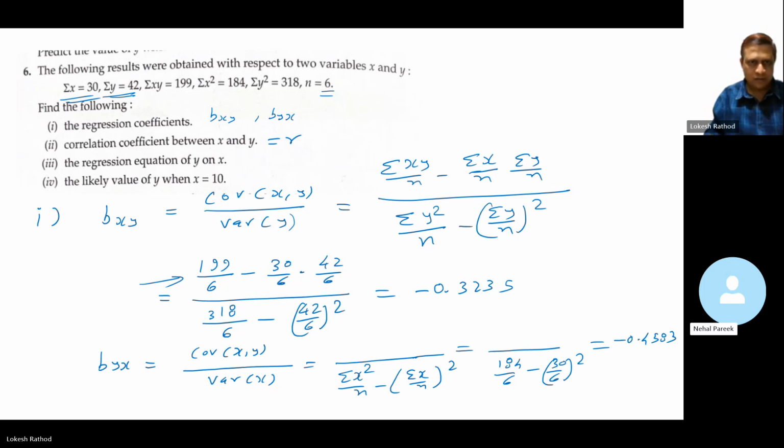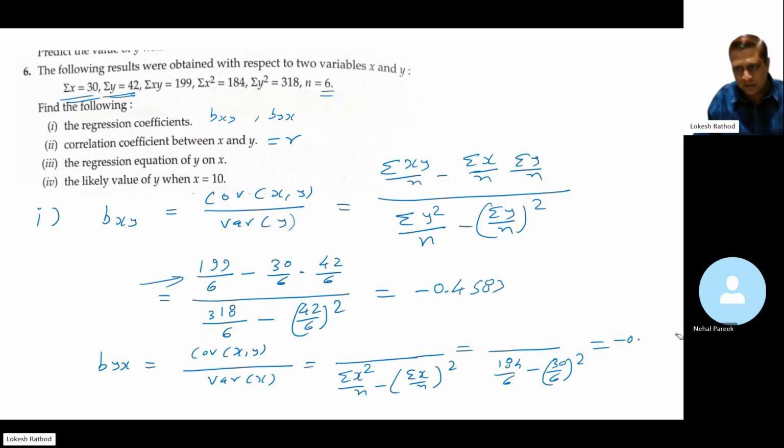Yeah, no, I'm getting the answer the other way around. Bxy and byx are interchanged. I don't know why it happened. For bxy, I got minus 0.4583. And this one was, oh wait, I lost it. One second.